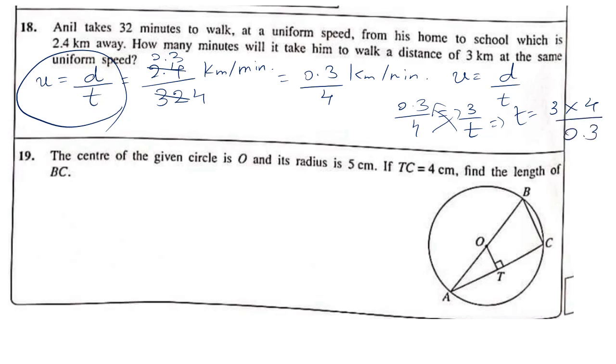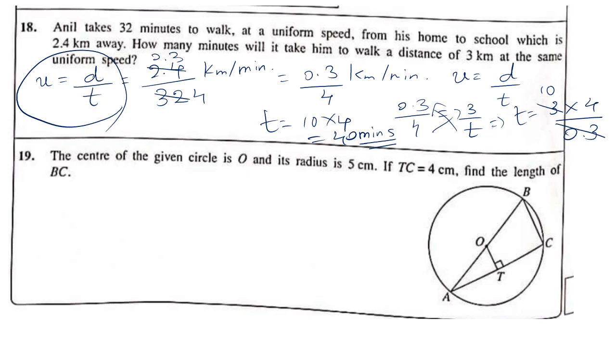Then you can cancel out this way, then get 10 here, that is 10 into 4, this is 40 minutes. Then Anil takes 40 minutes to walk the 3 kilometers of distance.